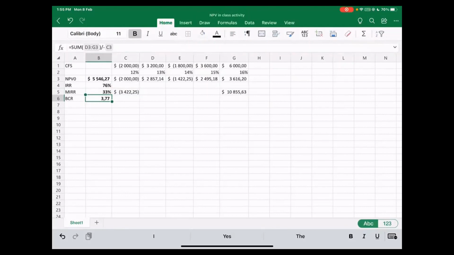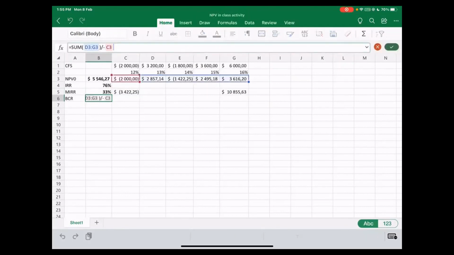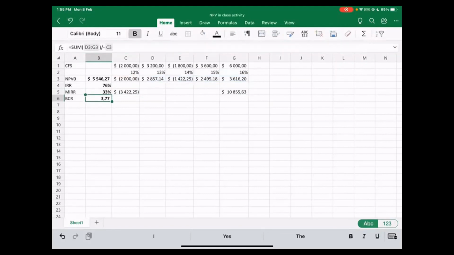And for the benefit cost ratio, I calculated the present value of all cash outflows divided by the present value of cash inflows, and I got this number. Okay. Now everything seems reasonable.